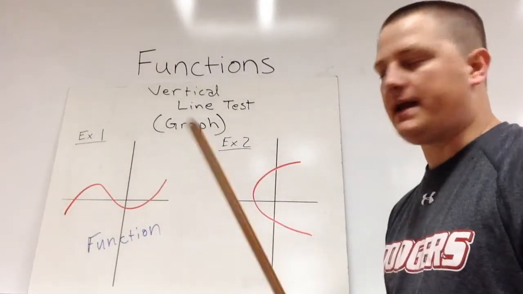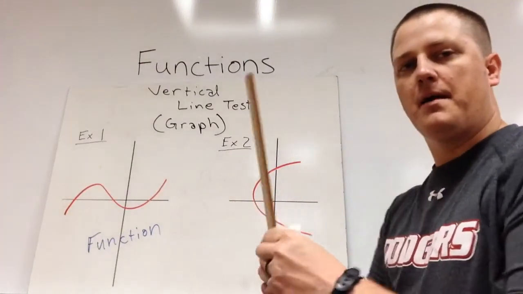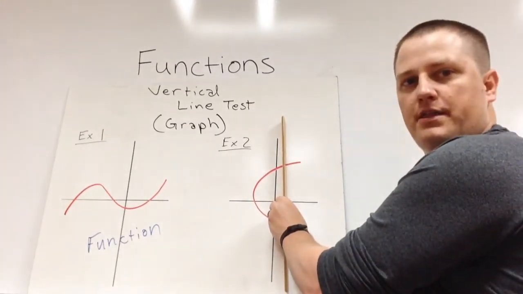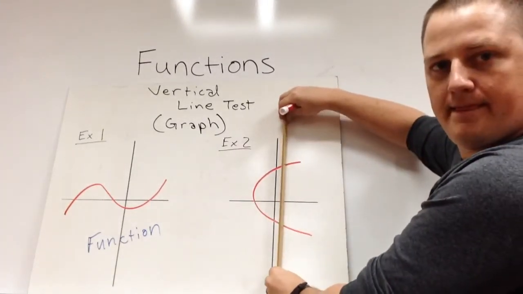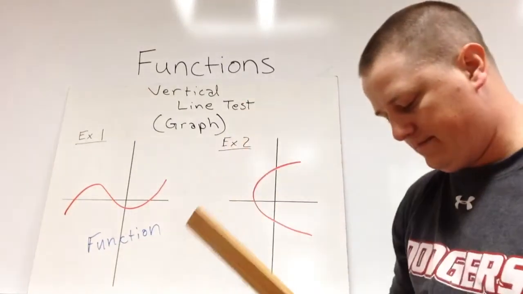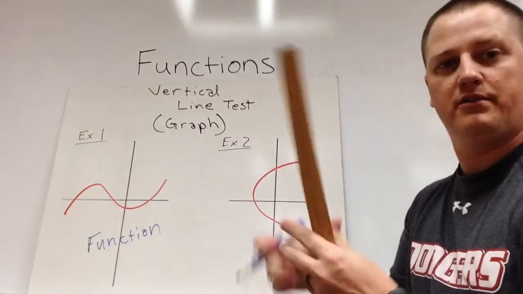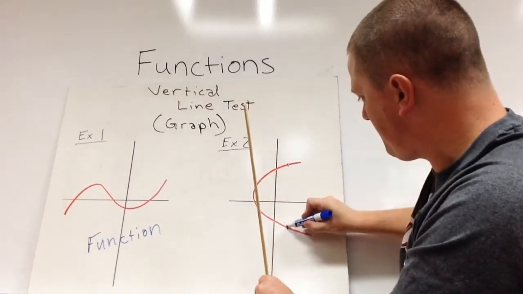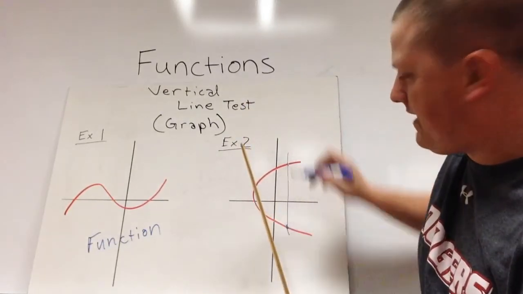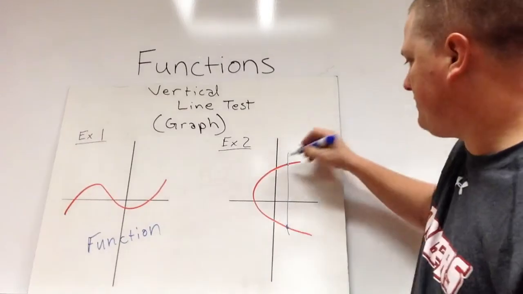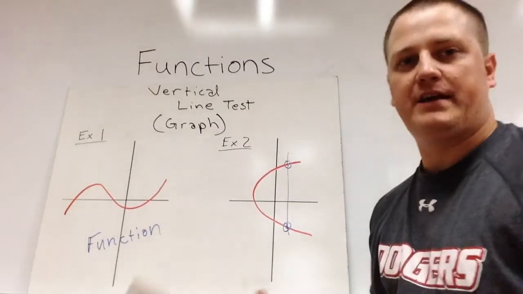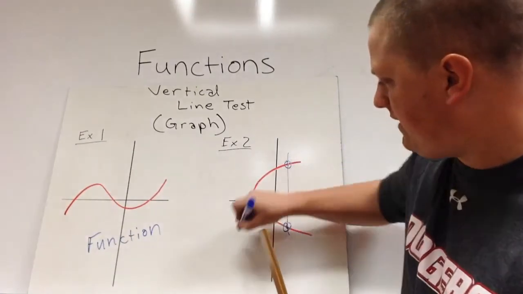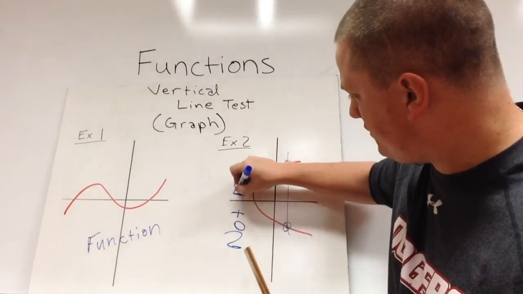Here, you can already kind of see it with the coordinate plane drawn, but if I take my vertical line and I put it on the graph, it will cross in two spots in this one place that I'm doing it. Notice that line right there crosses in two spots. That's when we have two outputs, when that vertical line crosses in two spots. So this right here is not a function.